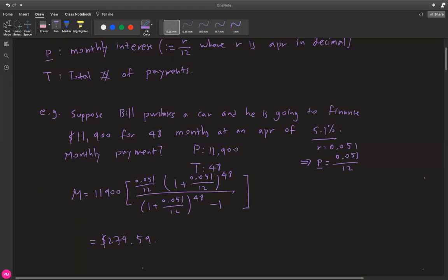So this means that in this scenario, with an APR of 5.1% and for 48 months, if Bill finances his car for $11,900, he will be paying $274.59 each month for 48 months.